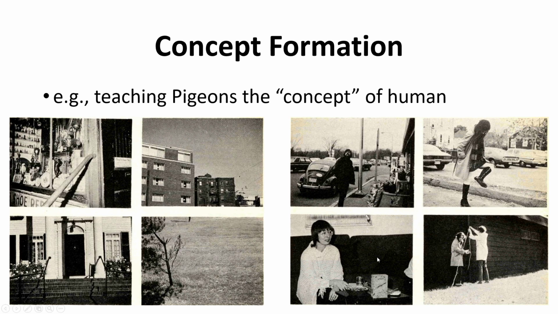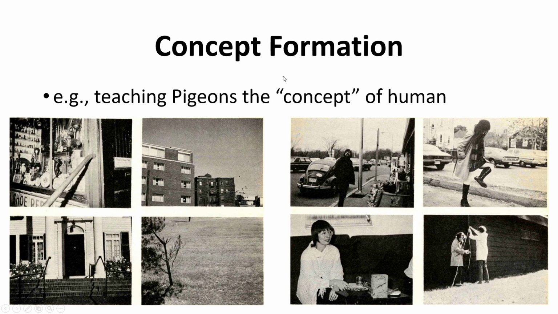And so maybe whenever there's a picture of a human on a screen in their operant box, if they peck a key, then they get food. But if there's a picture with no humans in it, if they peck that key or button, then they don't get food. So pictures with humans would be our stimulus class, and it would be full of lots of discriminative stimuli that are pictures of humans.